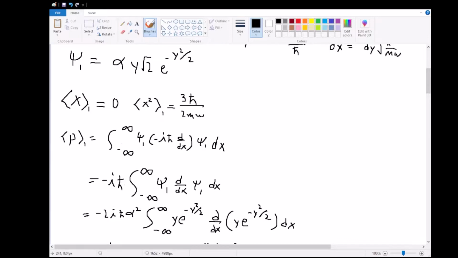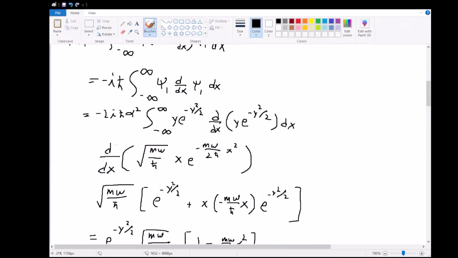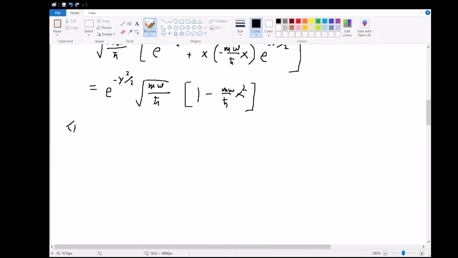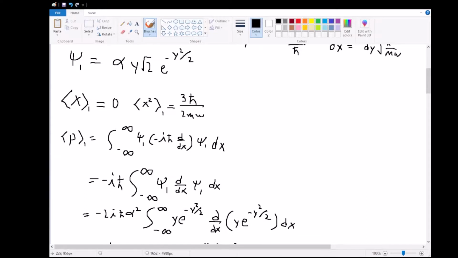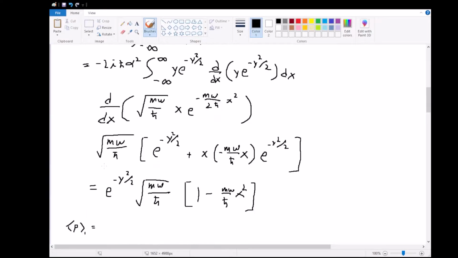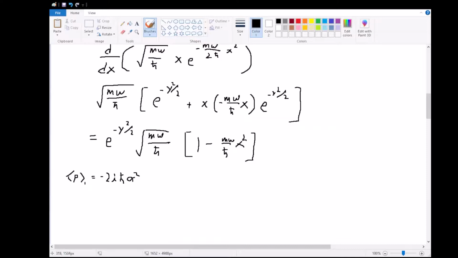And then we plug this back into our integral. So the expectation value of p in the first state is going to be equal to negative 2, the same constant at the front, so negative 2 i times h bar times alpha squared. My mouse is starting to break, so apologies for this very messy handwriting. But then we move this constant over here, so this becomes the square root of m omega over h bar.